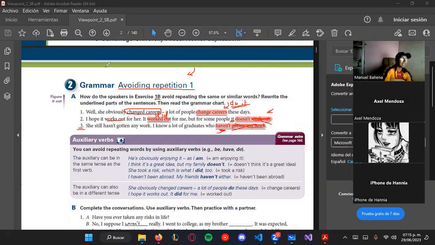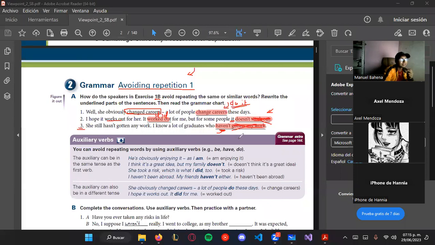Although we can use another word here. Who can tell me? Okay, Norma, tell me. Which other word can we add next to the haven't so it makes more sense? ¿Qué otra palabra le podemos agregar aquí además del haven't? Para que haga más sentido. Haven't it? No. Nope. Not quite.